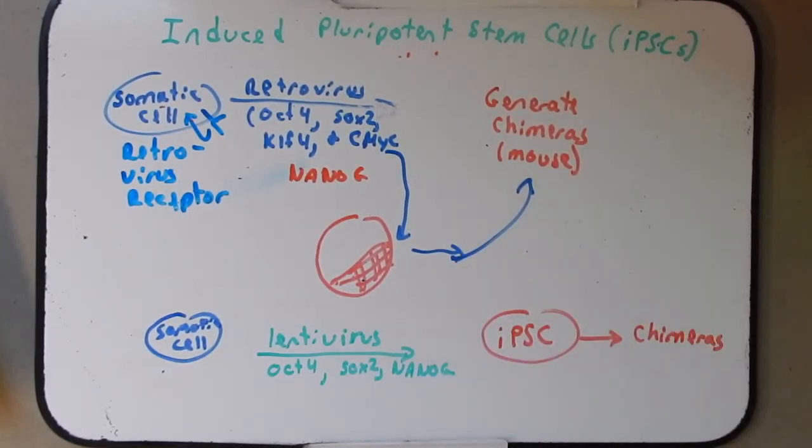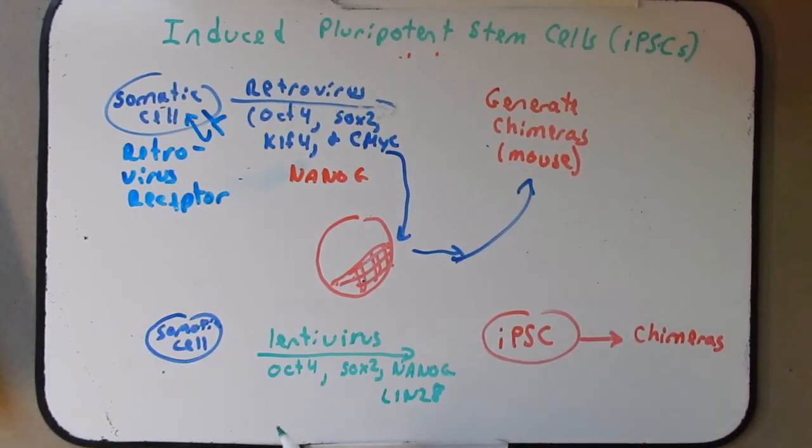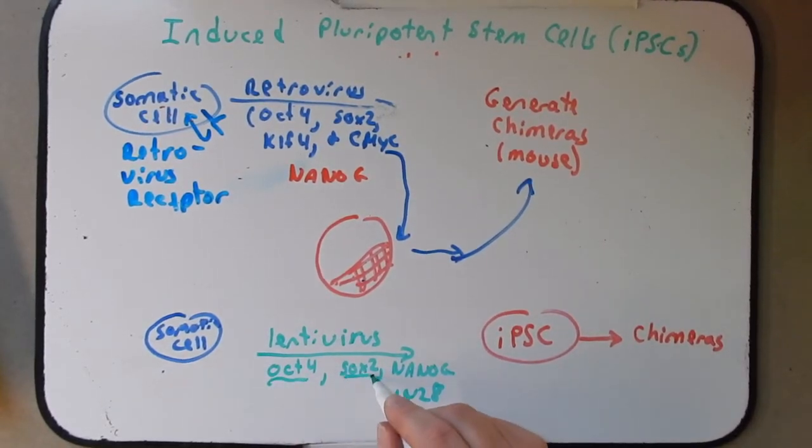In addition to these 3 genes, sometimes they would add a 4th gene called Lin28, but it's not essential for this to occur, but it does increase the efficiency. So really, all that we need to express in these somatic cells are these 3 genes, OCT4, SOX2, and Nanog. Those 3 genes alone will reprogram the somatic cell nucleus.